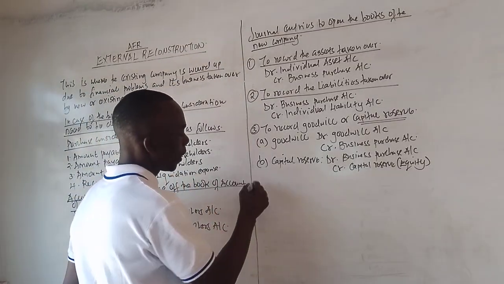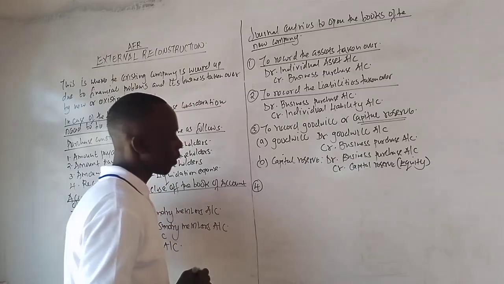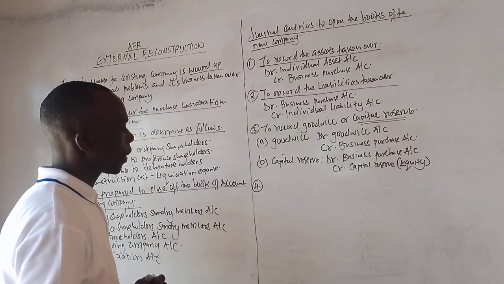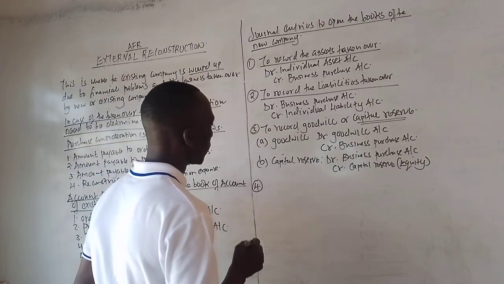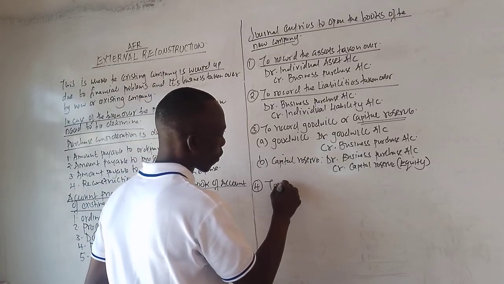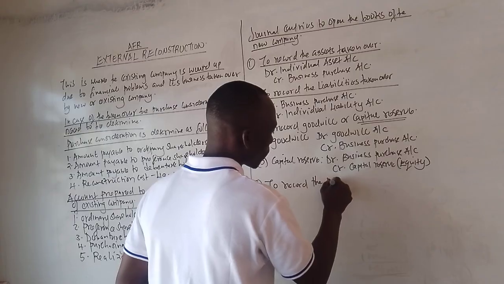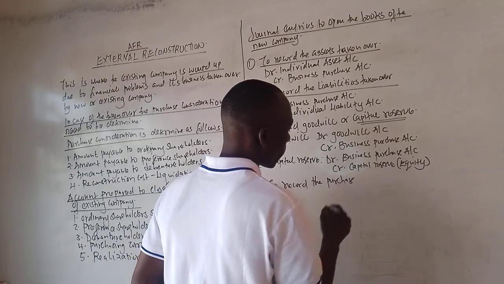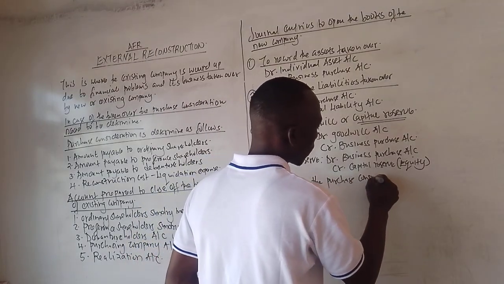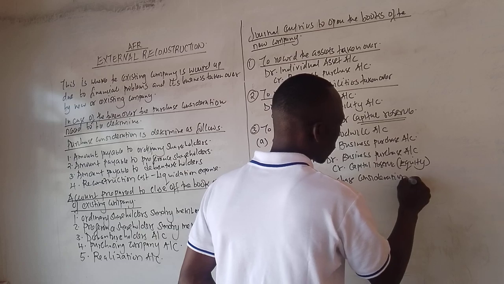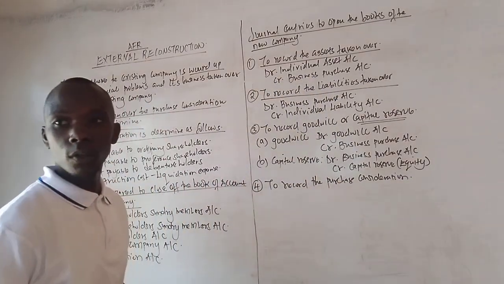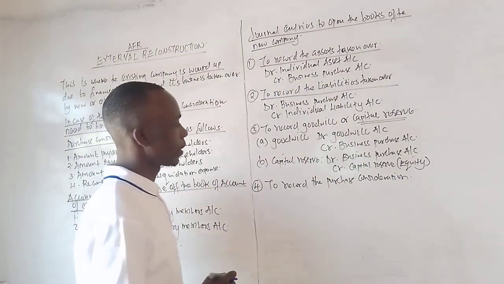Then from there, we talk about number 4, to record the purchase consideration determined. How are you going to record the purchase consideration in this case?